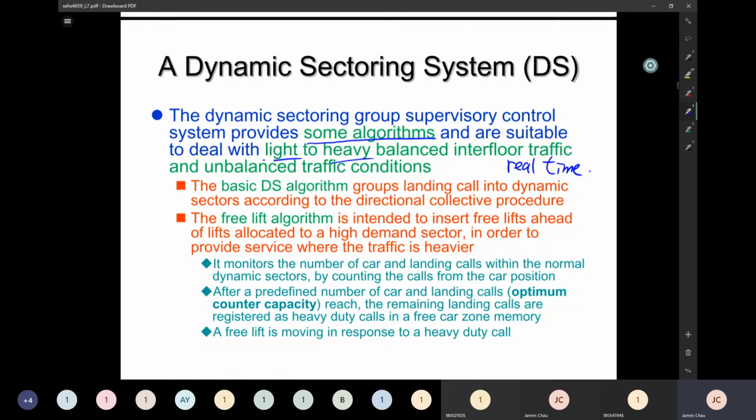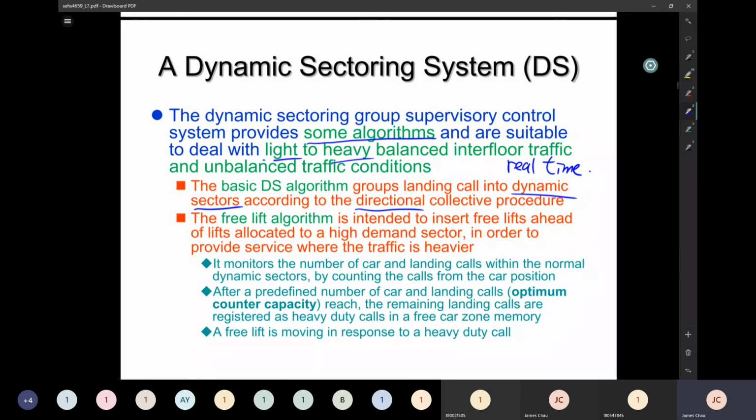Now, the basic dynamic setter algorithm groups the landing calls in dynamic setters according to the directional correlative procedure. That means without any control, it will use the directional correlative procedure so that it serves the floors in order. Okay.